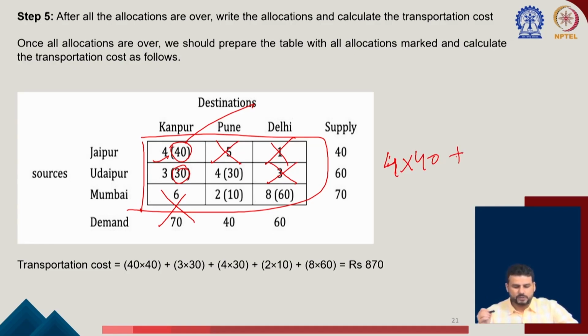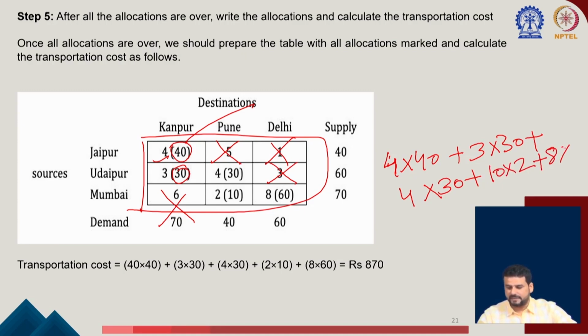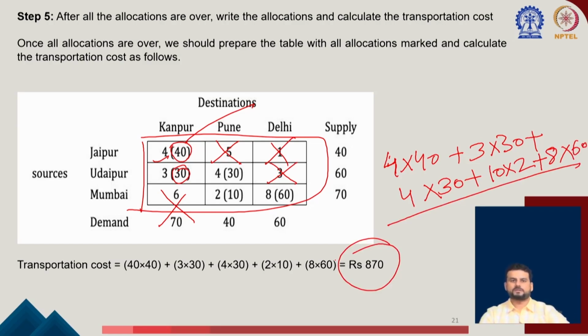Cost of transporting Udaipur to Kanpur per unit is 3, total units we are transporting 30. Udaipur to Pune per unit is 4, we are transporting 30. Mumbai to Pune we are transporting 10 units, per unit cost is 2. Mumbai to Delhi per unit cost is 8 and we are transporting 60, right. If you sum up, this will be a total of 870 rupees cost.